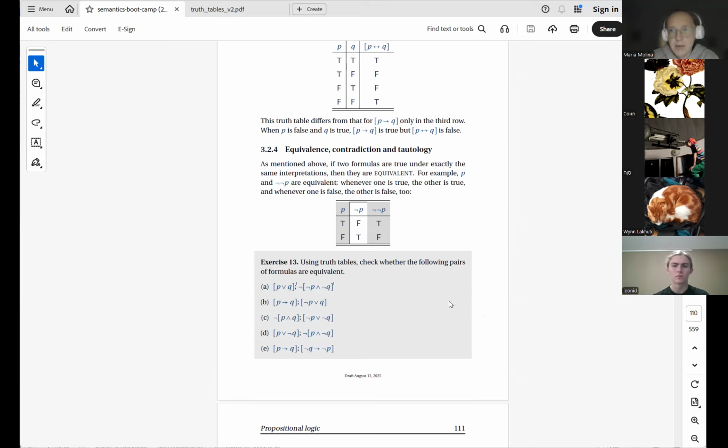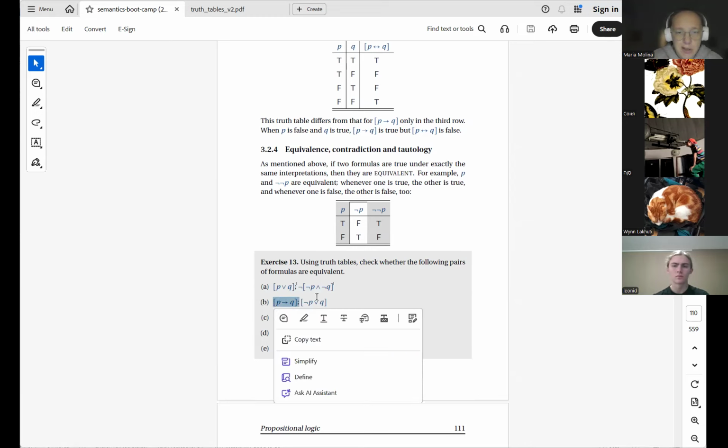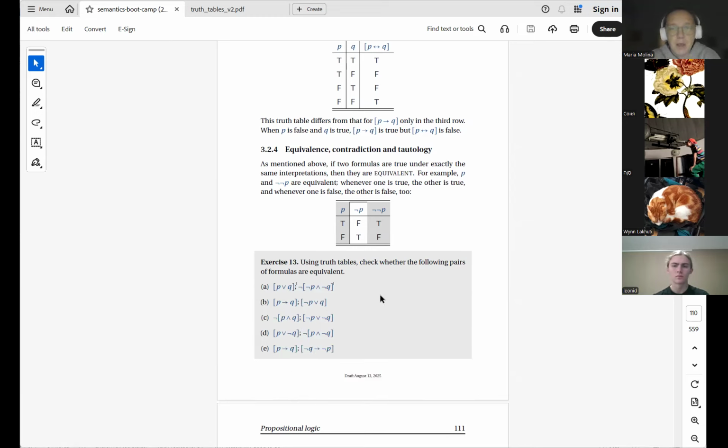Okay, let's go step by step. First, we start with the conditional. This is the conditional: if P, then Q. It is false only when P is true and Q is false. In every other case, it's true.